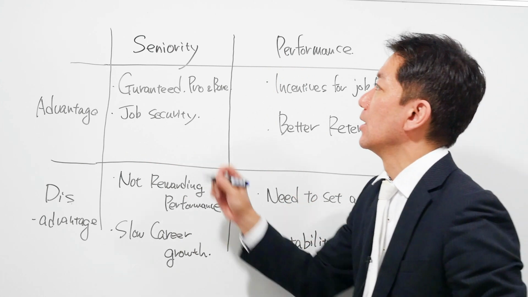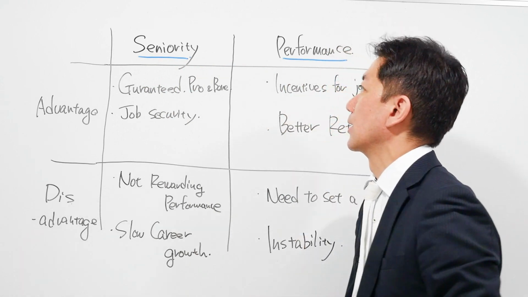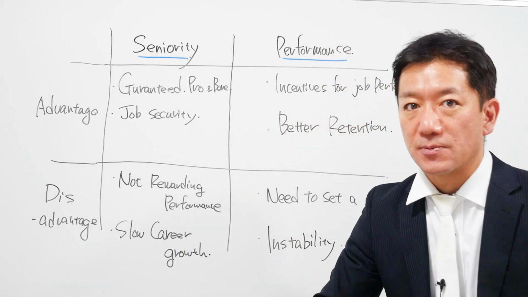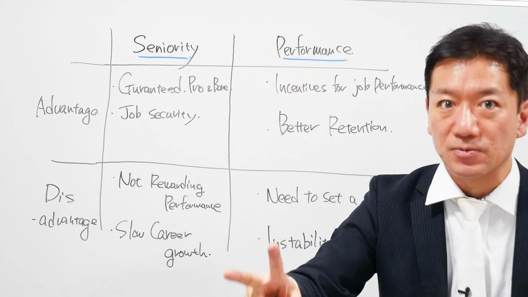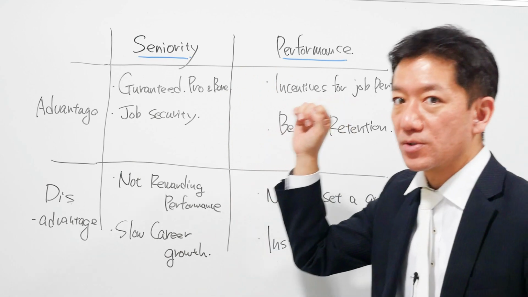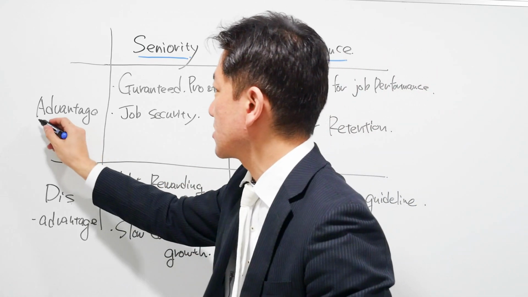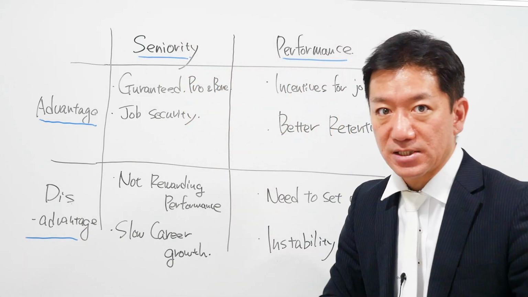Okay, one more time. This is seniority-based and this is performance-based. There are so many classifications and systems, but you can boil down to these two systems. These are two representative systems, right? And we can have a close look at advantages and also disadvantages of both sides.